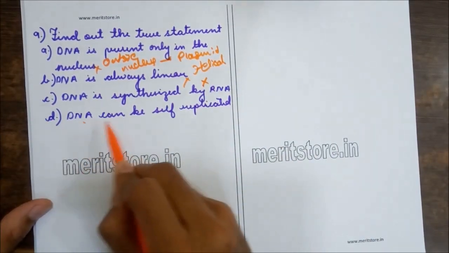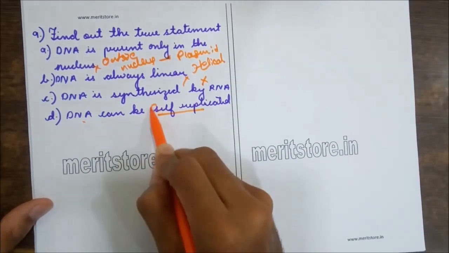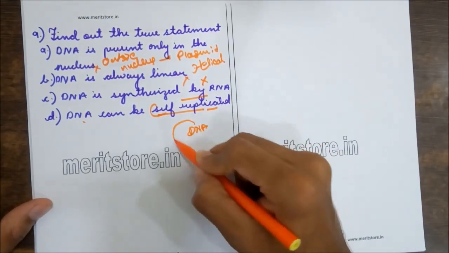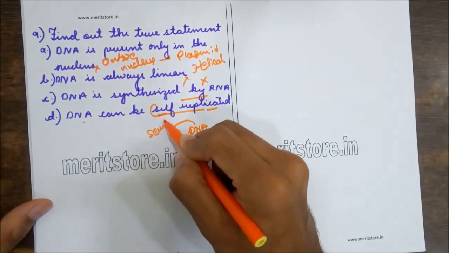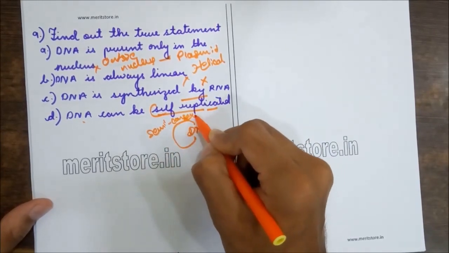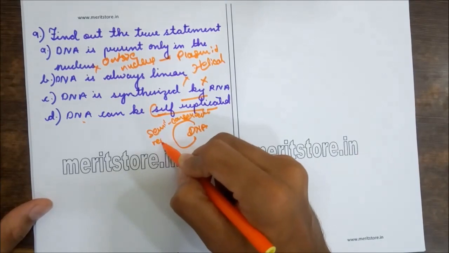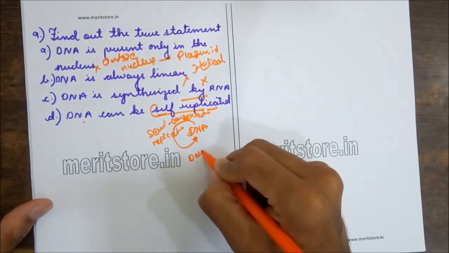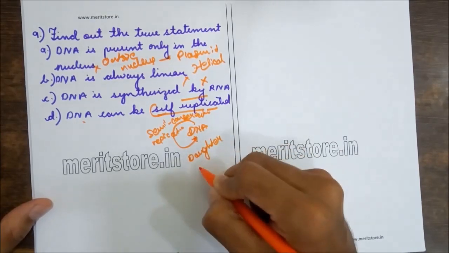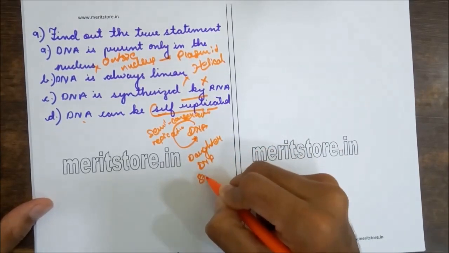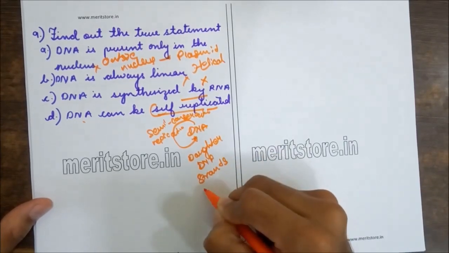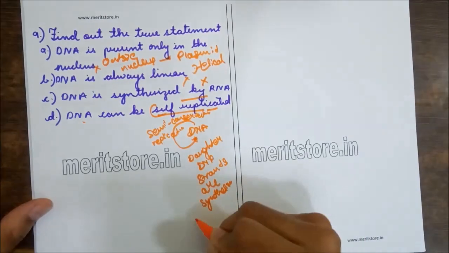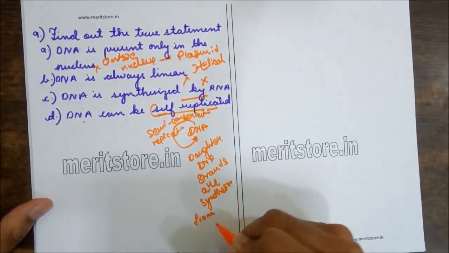D, DNA can be self-replicated is important, as DNA has its one property of semi-conservative self-replication, where the daughter DNA strands are synthesized from parent strands.